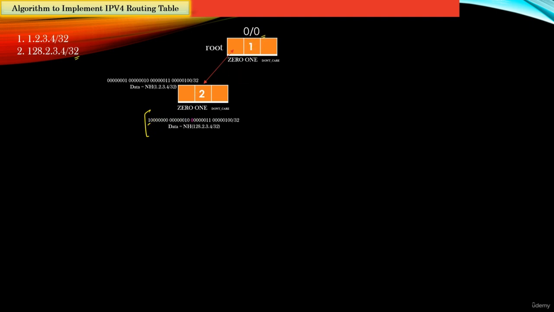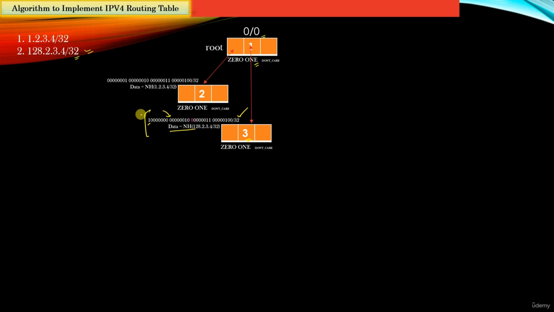We are going to create a new node with node ID say 3, and we will make this new node the 1st child of the root node. The node number 3 will contain the effective prefix as the following, and this is the prefix len, and this is the data part. So we have successfully inserted the route number 2 in this M-trie data structure. Things are pretty much easy and simple.